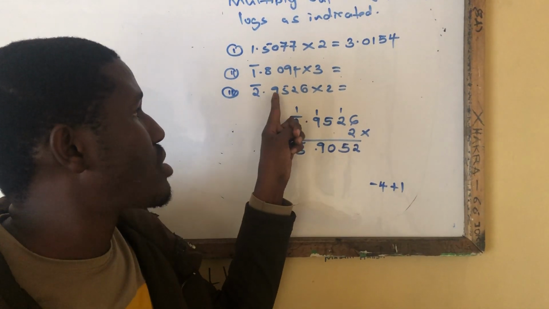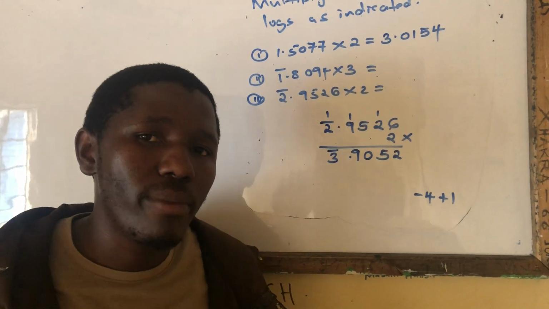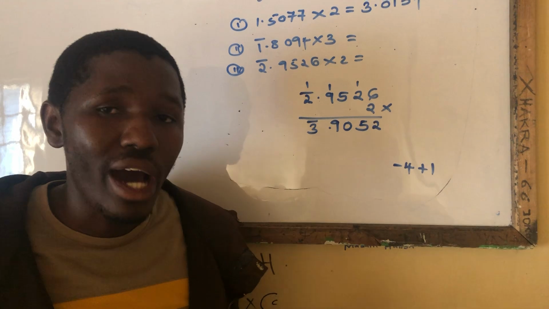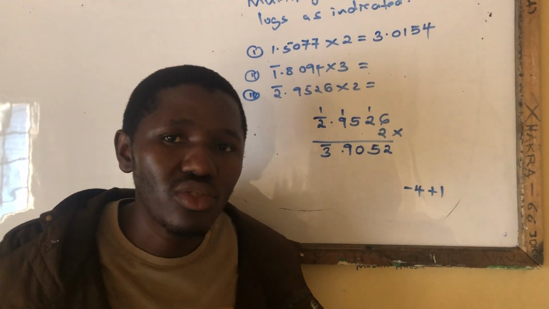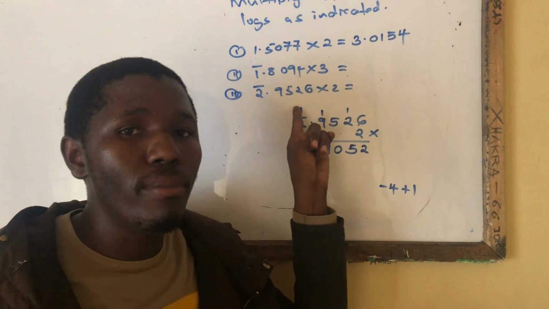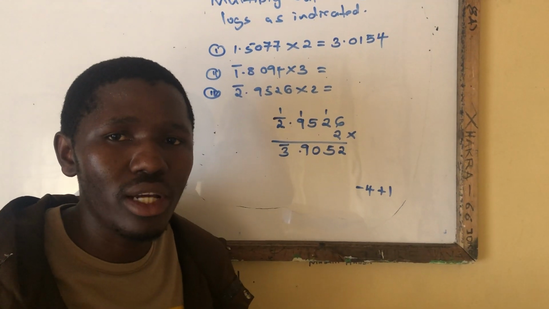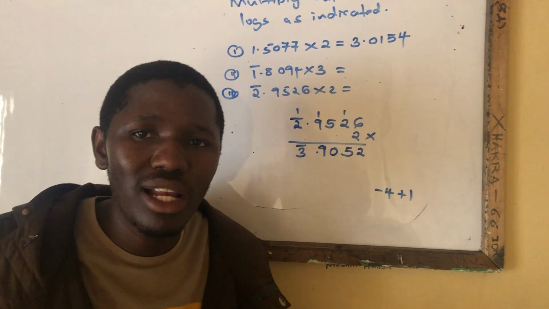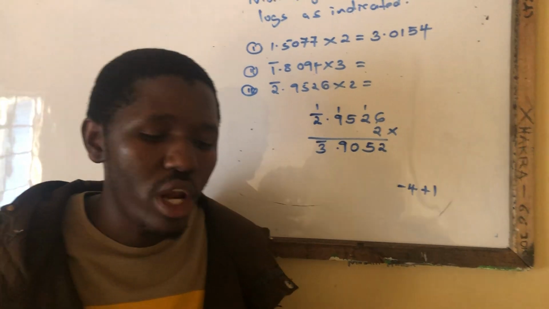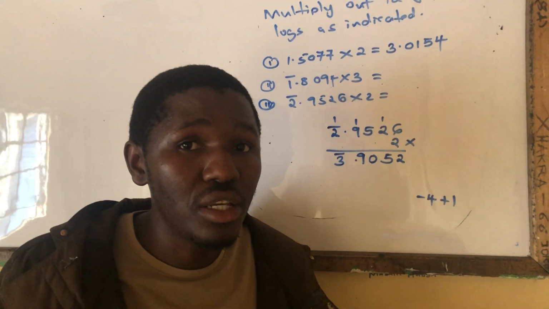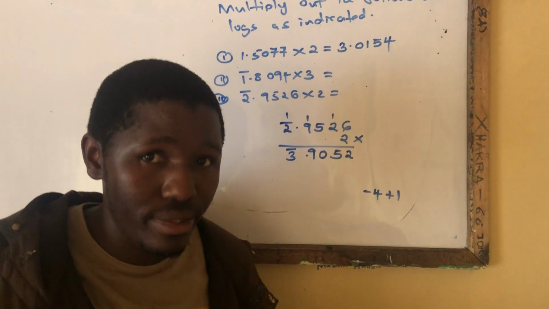So when 2.9526 is multiplied by 2, we get 3.9052. I bet again that won't be the same answer that you'll get if you feed this number directly into the calculator. So my advice to the learner is try to minimize the use of calculators, especially when multiplying and dividing logs involving a negative or what we refer to as a bar.